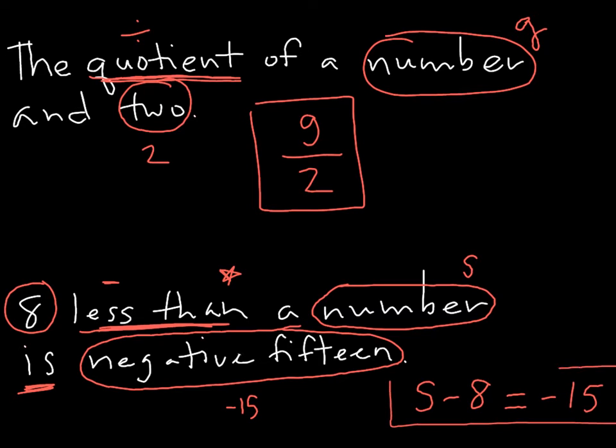This is the math sentence that matches the word sentence. This time, it's not an expression, it's an equation because you can see that equal sign right there. And then that corresponds with the word is.